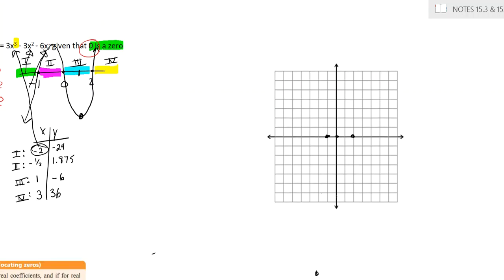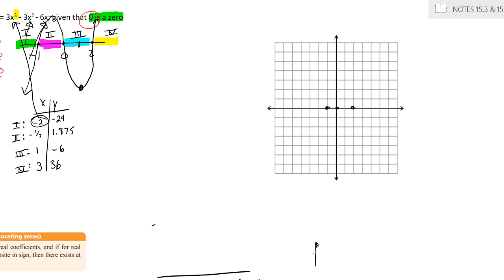And like we talked about for the end behavior, it's coming up because it's odd, and the leading coefficient was positive. And then at negative half, it's 1.87. So I'm just going to estimate where that point is, and that's the turning point. And it's going to come back to intercept. And then at 1, it's going to be at negative 6. That's going to go back down here, and then that end behavior puts it back up to here.